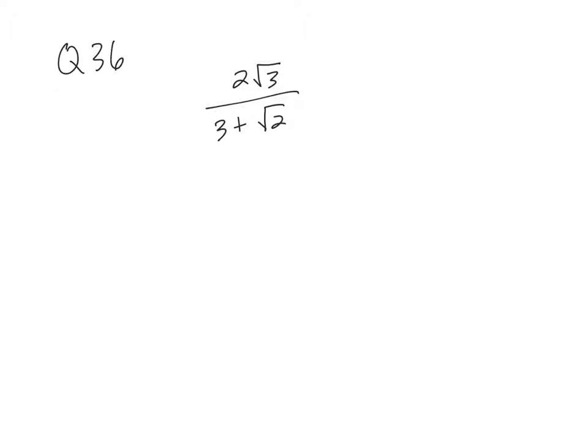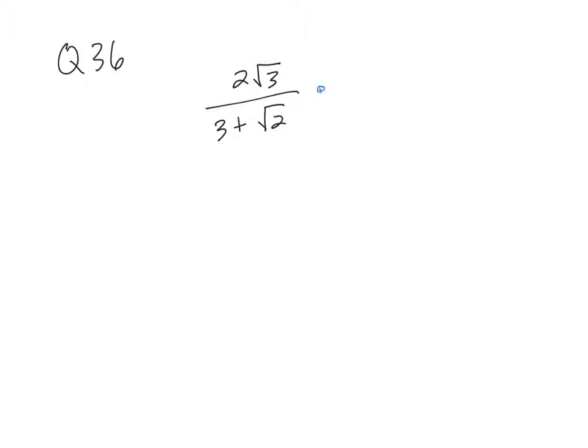For question 36, you are going to have to simplify the radical expression. We're not allowed to leave radical signs like this in the denominator. So we have to multiply everything by what's called the conjugate to get rid of that radical sign in the denominator.